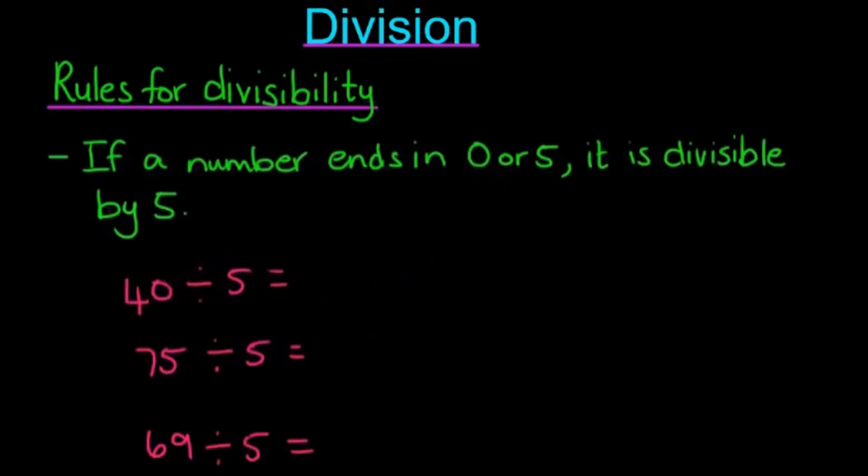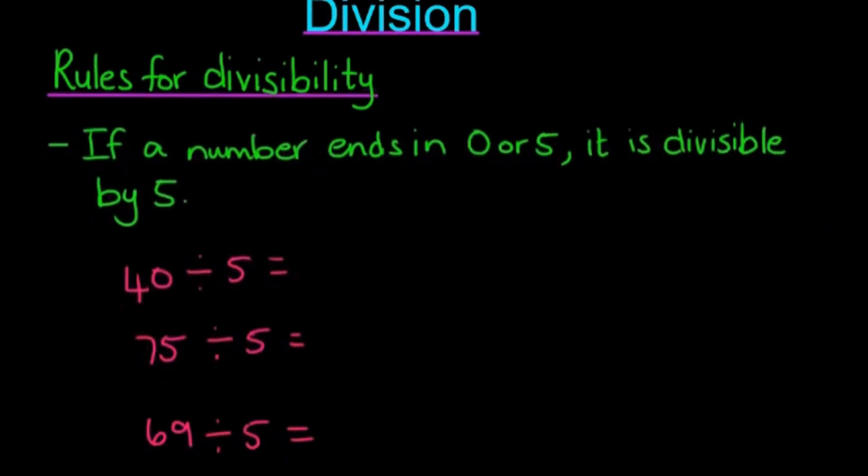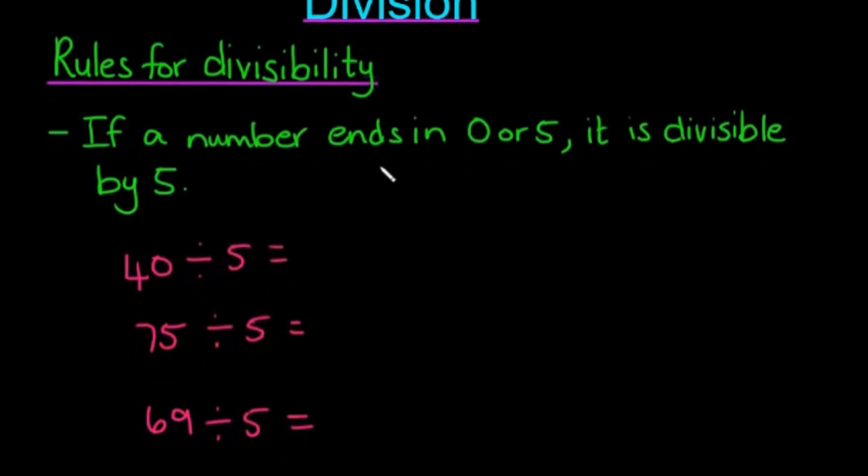The second rule of divisibility states that if a number ends in 0 or 5, it is divisible by 5. So here we have 40 divided by 5.